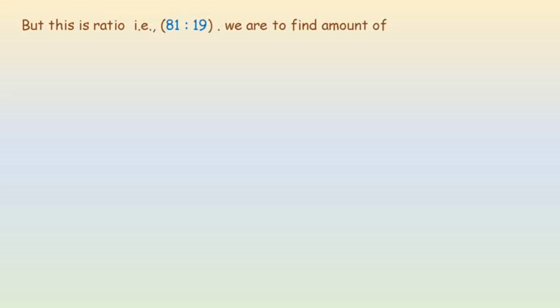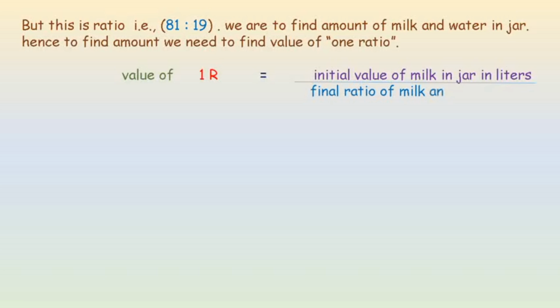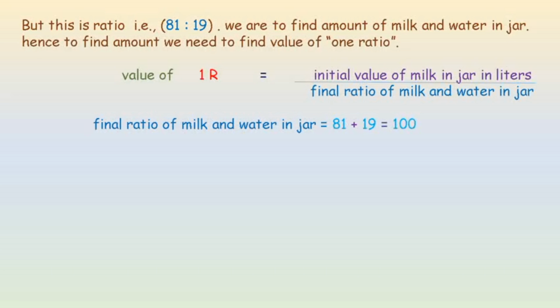But this is a ratio, that is 81 ratio 19. We are to find amount of milk and water in the jar. Hence to find amount we need to find the value of 1 ratio. Value of 1 ratio is initial value of milk in jar in liters upon final ratio of milk and water in jar. But final ratio of milk and water in jar is 81 plus 19, which is equal to 100.